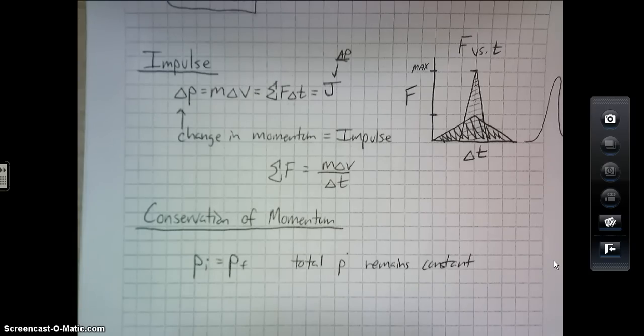If they tackle one another, and let's say they have the same mass, you've now doubled the mass of the object. In order to conserve momentum, their velocity would have dropped to half of what it originally was. After the collision, they move slower than what the linebacker who made the tackle was originally moving.